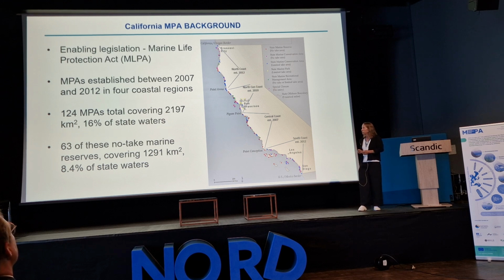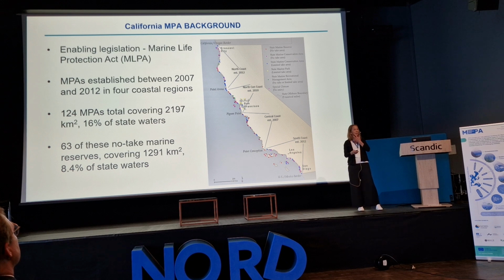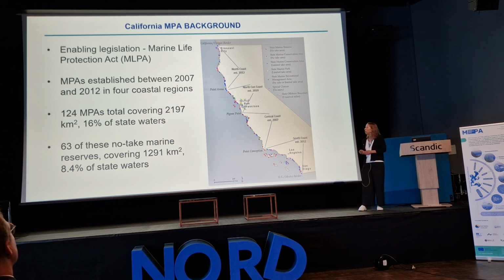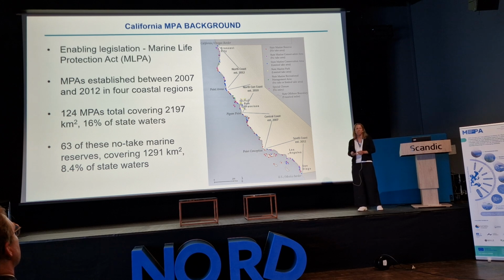So the marine protected areas were established between 2007 and 2012, but actually the Marine Life Protection Act was passed in 1999. And then the process for implementation started in 2005. And this is a story for another time, but there were 3 tries at implementing the legislation.